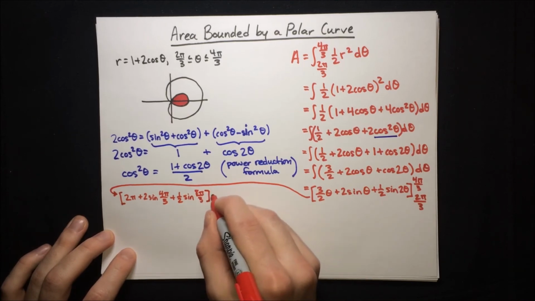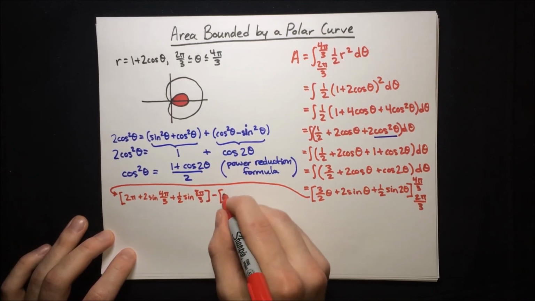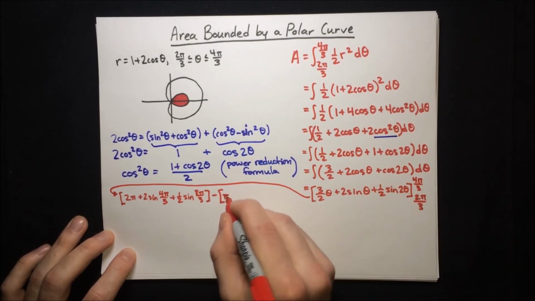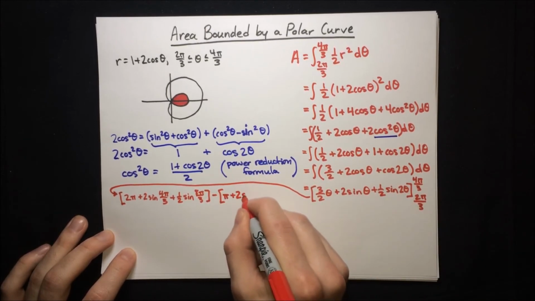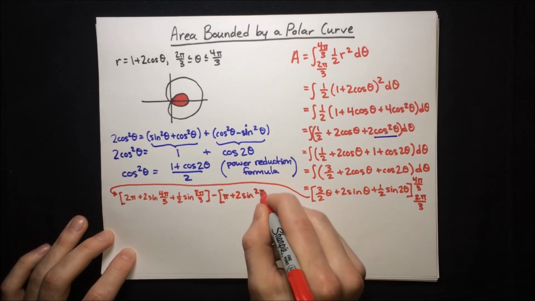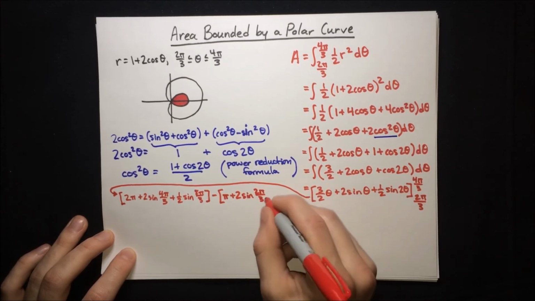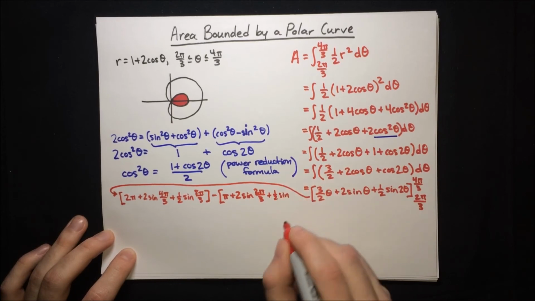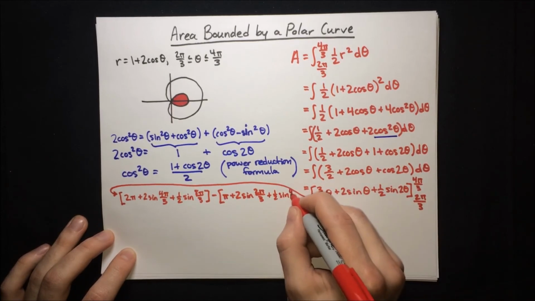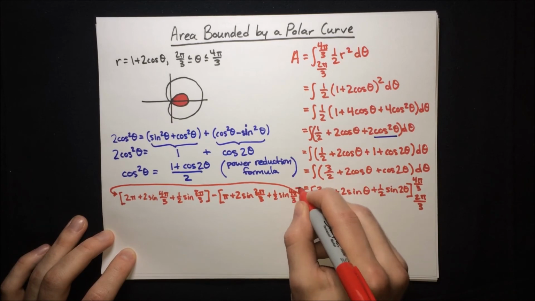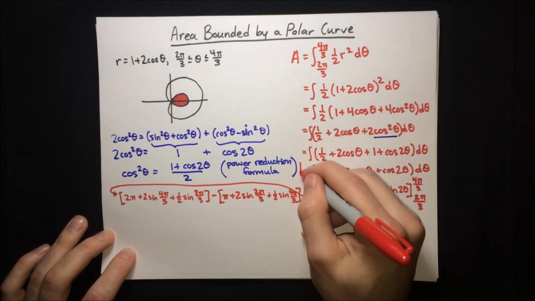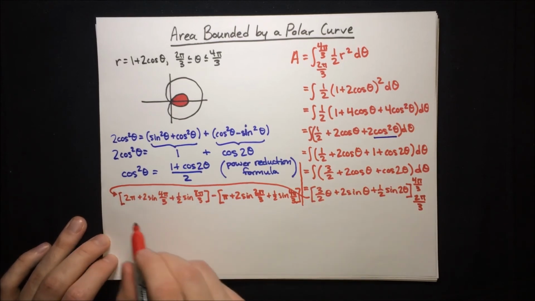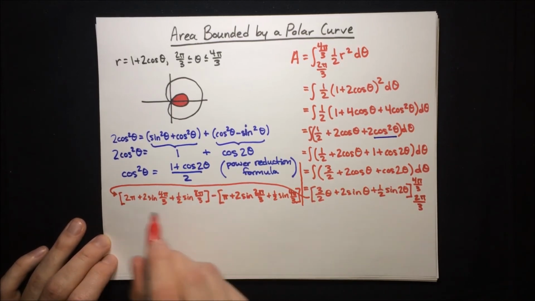And that's all minus 3 over 2 times 2 pi over 3, which is just pi, and then plus 2 sine 2 pi over 3, and then plus a half sine 2 times 2 pi over 3, which is 4 pi over 3. All right, let's put a little border there so we don't get confused. Okay, so now let's go ahead and evaluate this.